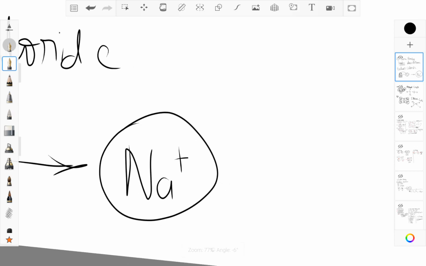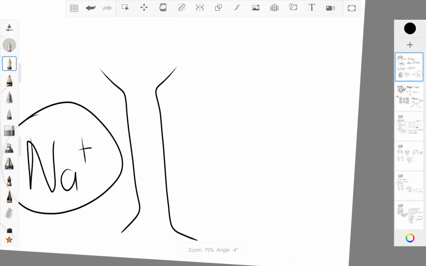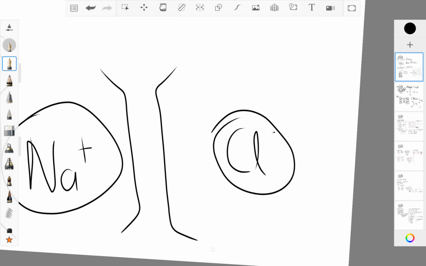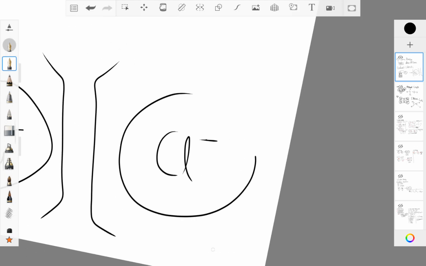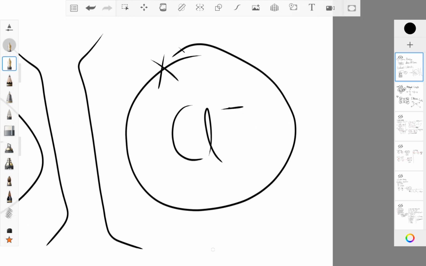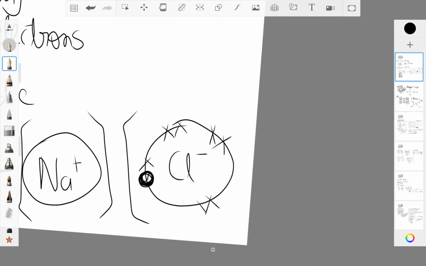Na+ is a cation, and you'll also have a chloride ion, sorry. A chloride ion looks something like this. And notice how I use this circle to show that this electron came from the sodium.